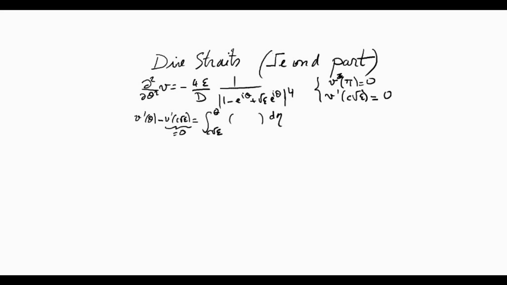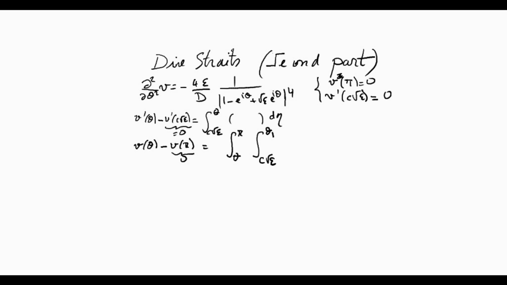Then another integration will give us v of θ minus v of π, which is by definition 0, which is the integral from π to θ of the integral from c square root epsilon to, let's say, a variable θ1.